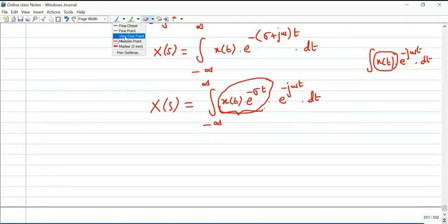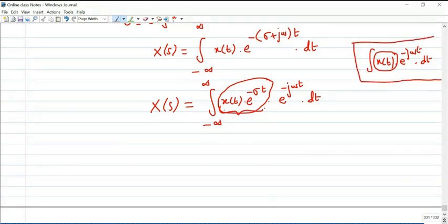This is the relation between the Laplace transform and the Fourier transform. We are multiplying the given x of t by some value, that is e power minus sigma t. So why are we doing this? In the Fourier transform we directly consider x of t and find its transform. In the Laplace transform, x of t is multiplied with e power minus sigma t and then we take the Fourier transform.